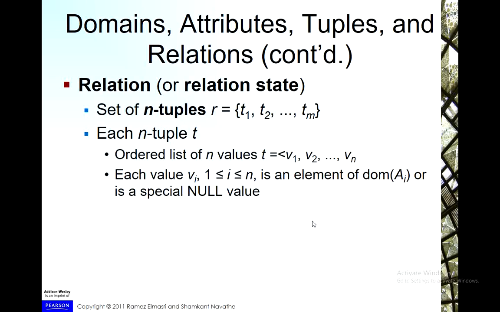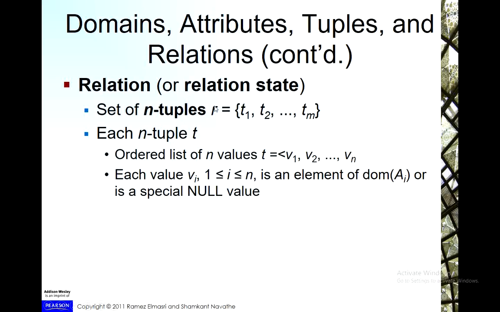Also, as we have seen in the previous figure, a relation or a relation state is a set of n tuples. N tuples means more than one tuple, more than one row. So a relation constitutes more than one tuple, or more than one record, or more than one row.